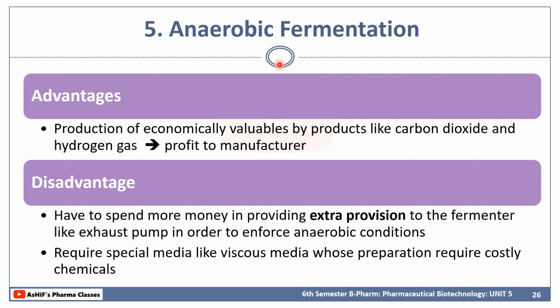We have to spend more money providing extra provisions to the fermenters, like an exhaust pump to enforce the anaerobic condition, and extra equipment to produce vacuum. So that is the anaerobic fermentation method.